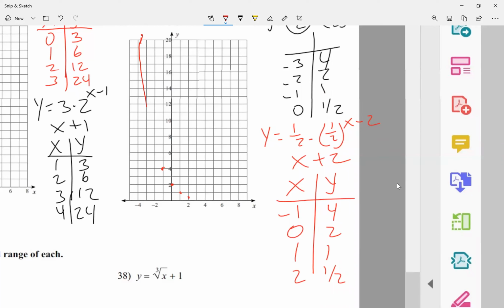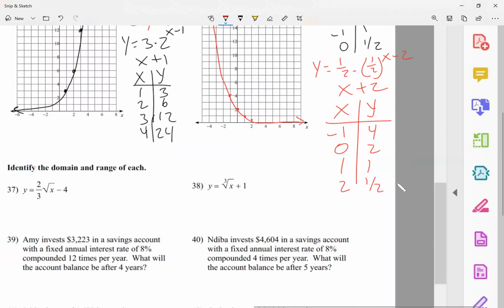Graph my points. There you go. Keep in mind on my graphs, I'm going by ones. On your graphs, you're going to be going by two. So be careful on that.